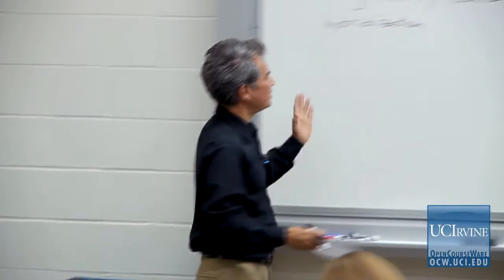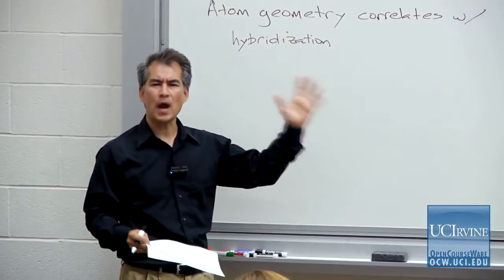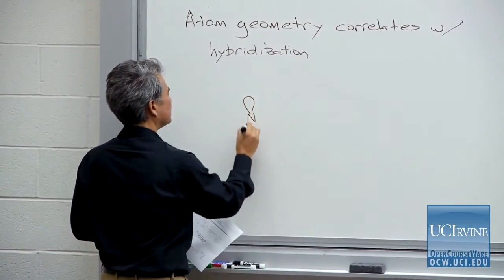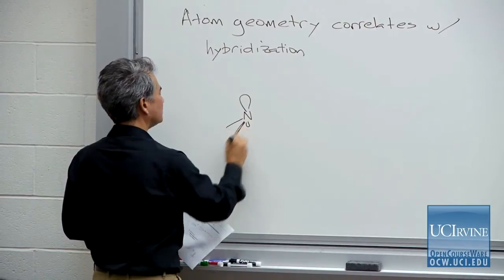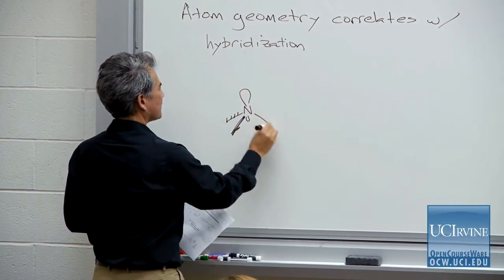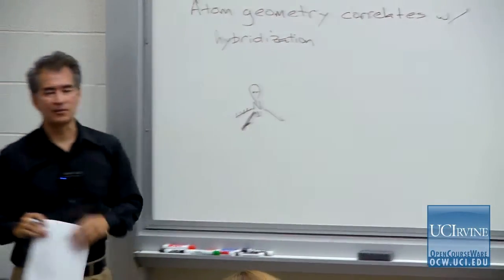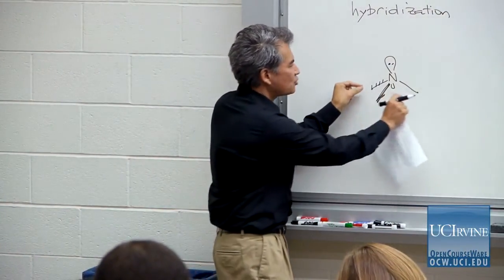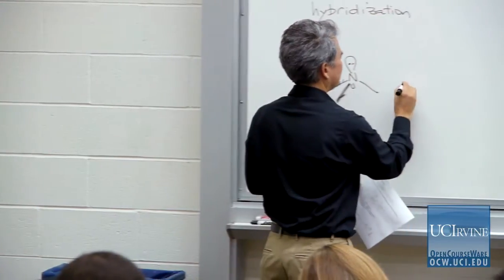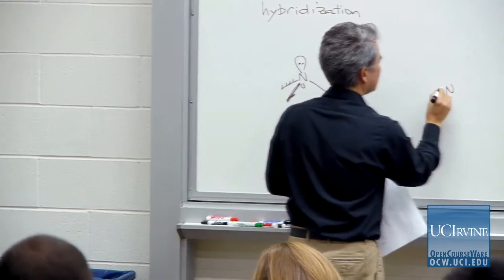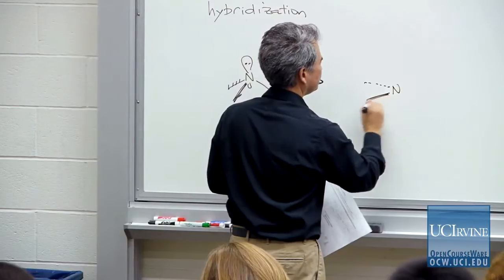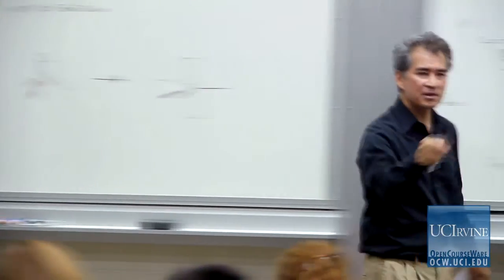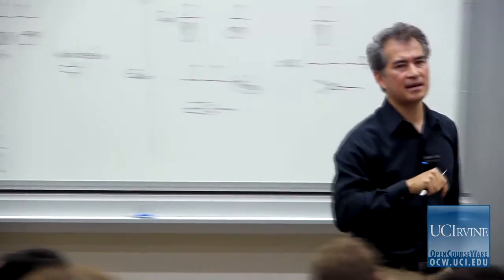And maybe correlates isn't a strong enough word. It equates with hybridization. So if I were to take a nitrogen atom, if I were super small, and I could reduce myself to the atomic level, and I could grab onto these bonds on ammonia or an amine and stretch them upward so that this were a planar molecule, what would happen is the hybridization would have to change in response to that geometry.